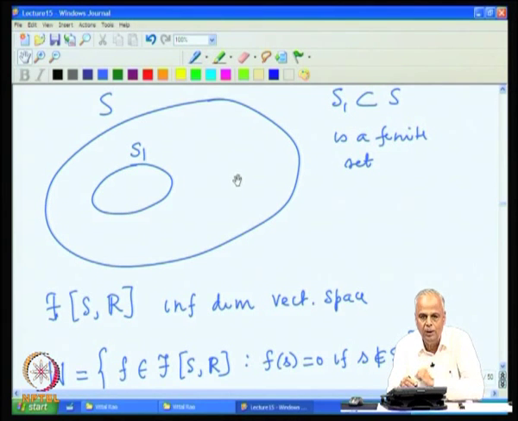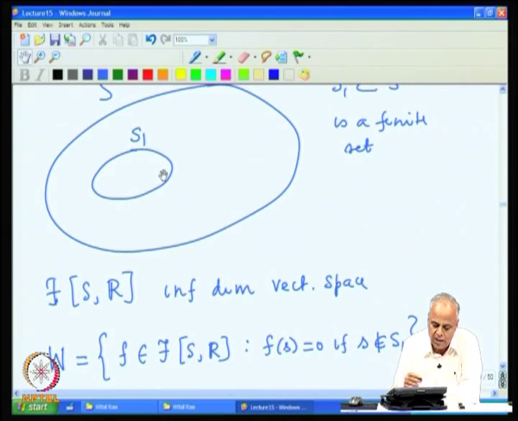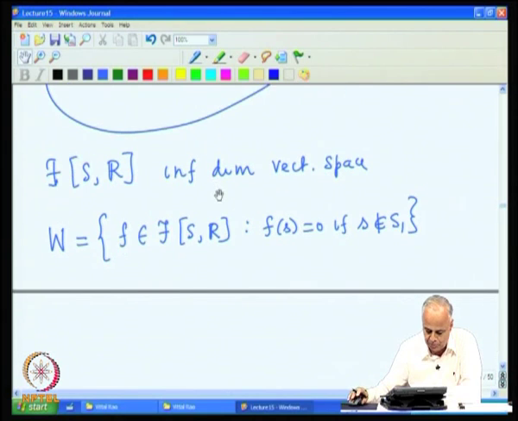So, we will take only those functions which live inside the set S1 and die off outside the set S1.